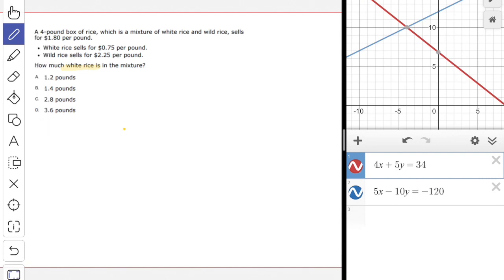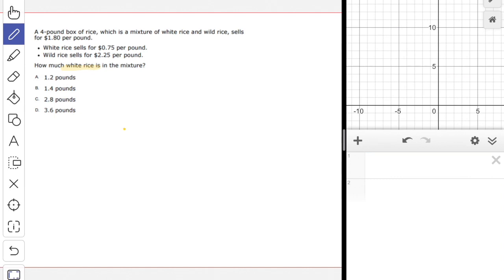All right, so the next thing we're going to look at is two things. They told us white and wild rice, but they didn't tell us what variables to use this time. Now, if you want to be able to check in Desmos, you need to use your X's and your Y's, because you can't graph in Desmos using different variables. So I'm going to say X is going to represent the white rice and Y is going to represent the wild rice.